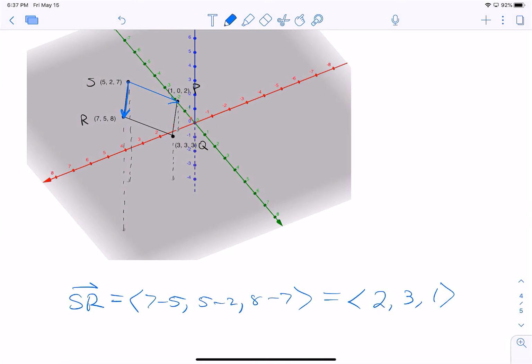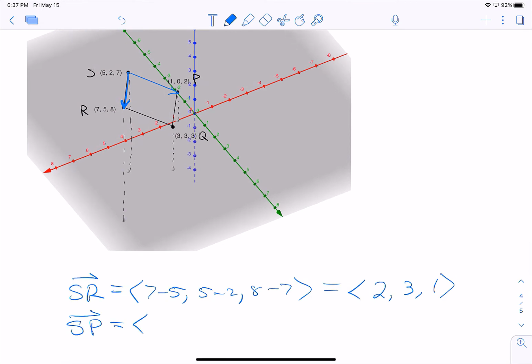Next, we're going to form vector SP. Once I've determined that I'm going to use SR, I kind of have made S the anchor, and I want to form the cross product with the other vector that has S as its tail. SP is going to have coordinates, again now, it's the terminal point's coordinates minus the initial point's coordinates. And I see I'm going to have a 1 minus 5.